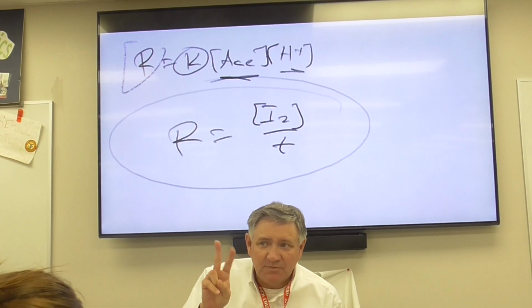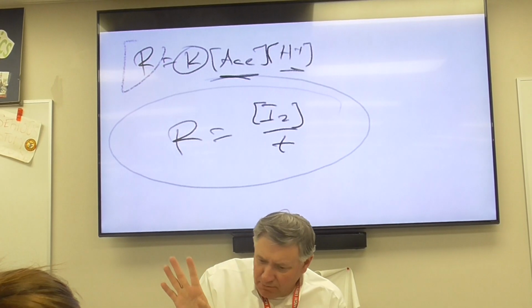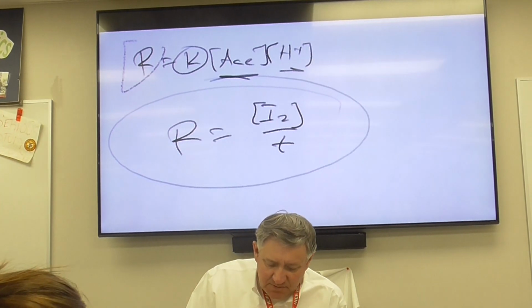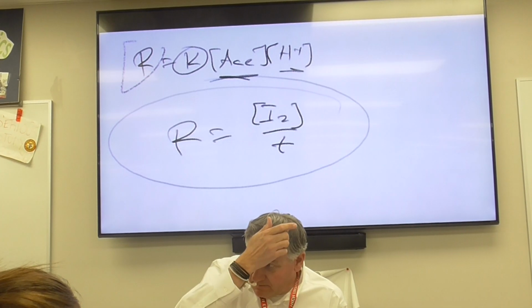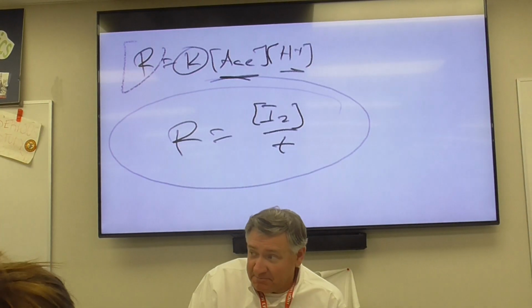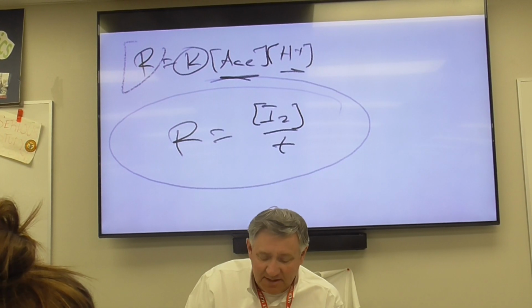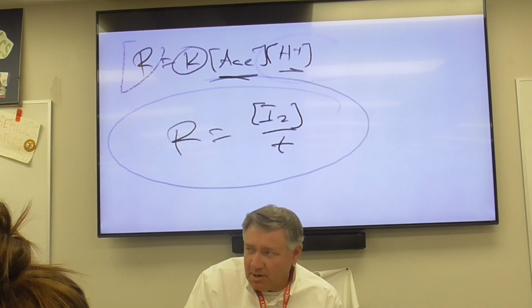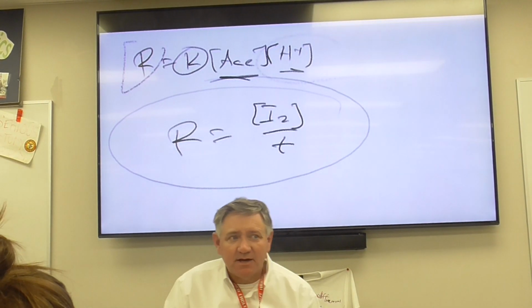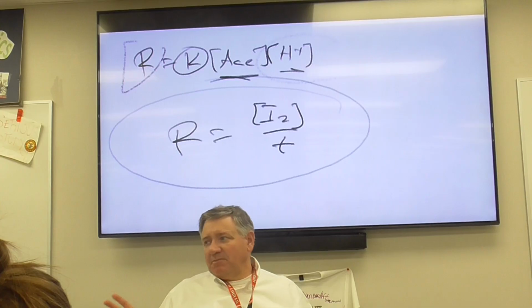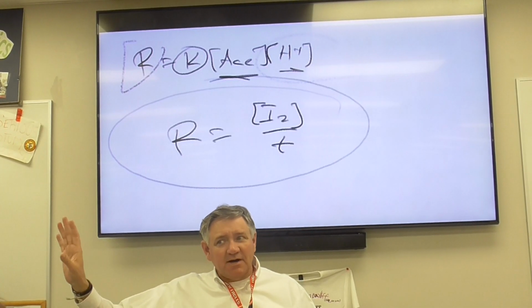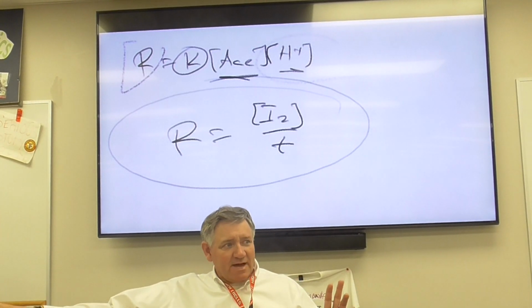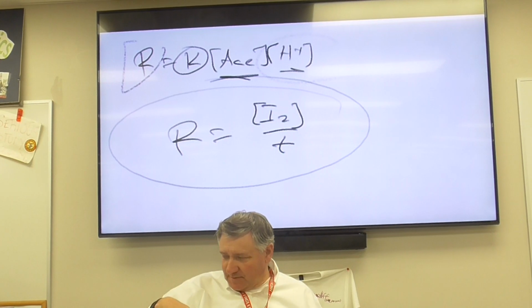Okay? So there's a couple of things that are wonky about this reaction. The two wonky things: we're going to measure the rate based upon iodine, but it's zero order with respect to iodine. And the other thing is that the rate is dependent upon the concentration of the hydronium ions, but the hydronium ions overall are a product in the overall reaction and not a reactant, okay?